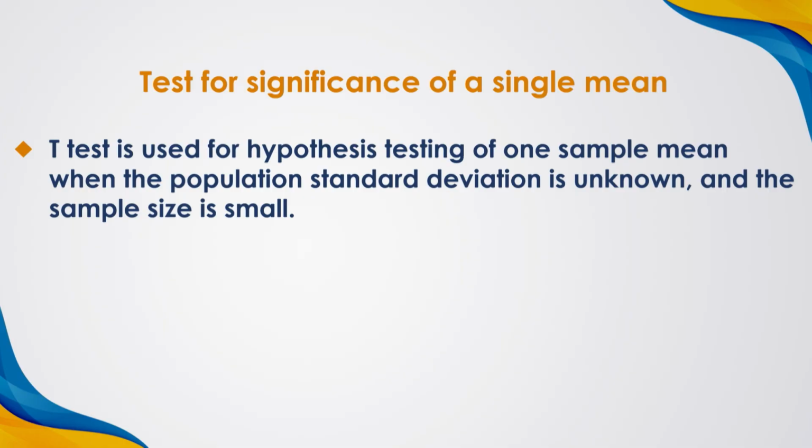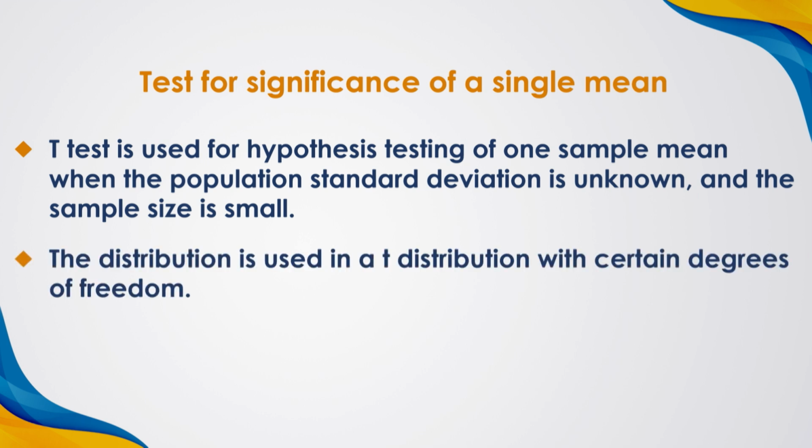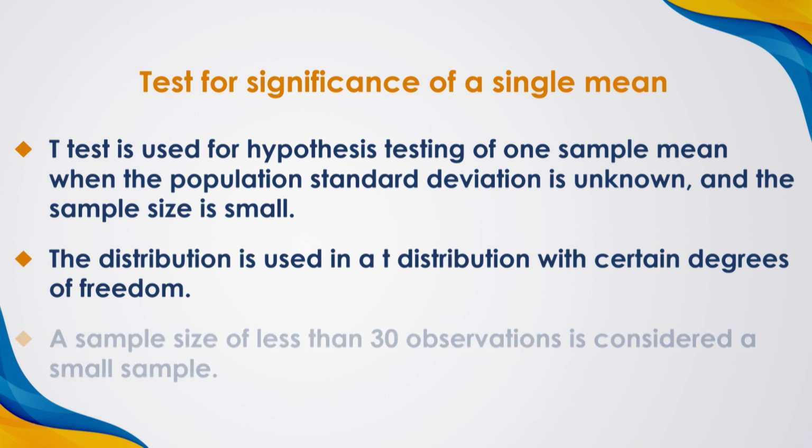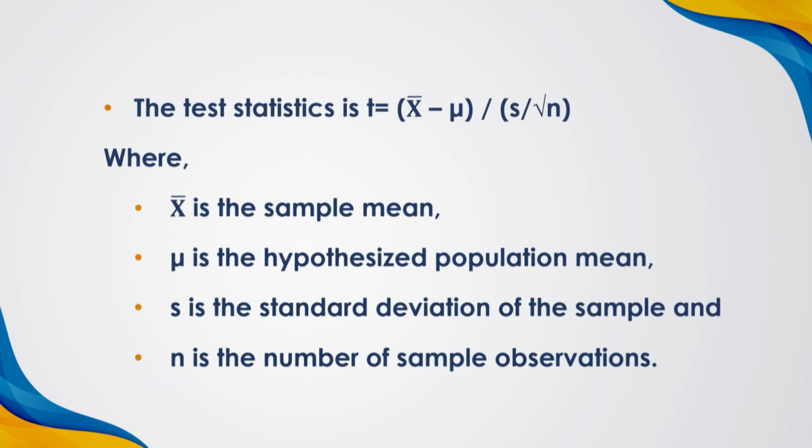Test for significance for a single mean is discussed here. The t-test is used for hypothesis testing for one sample mean when the population standard deviation is unknown and the sample size is small. The distribution used is the t-distribution with certain degrees of freedom; the sample size should be less than 30.